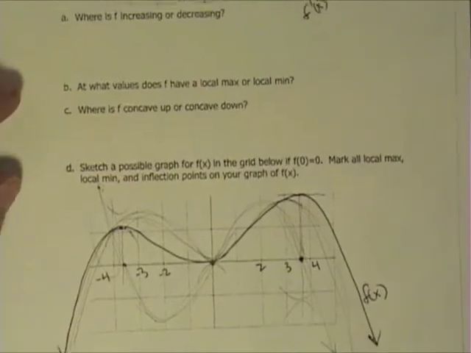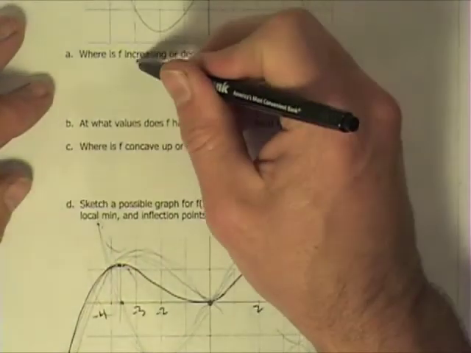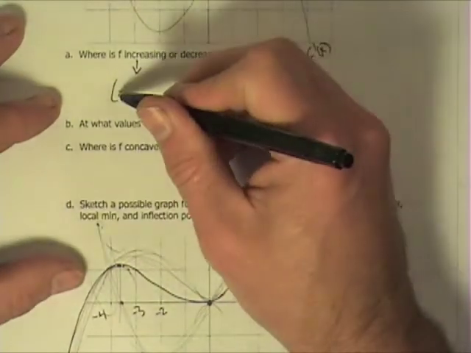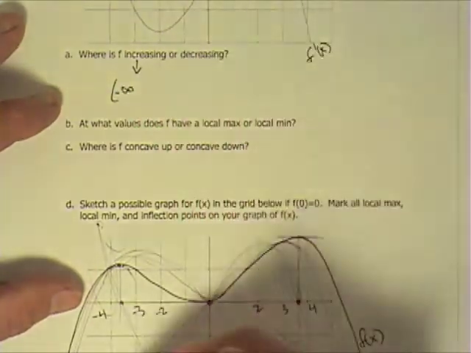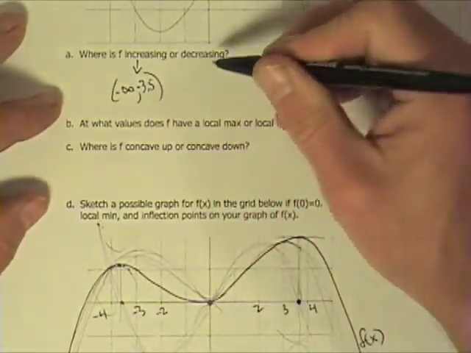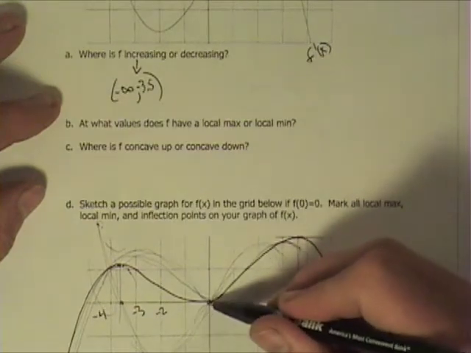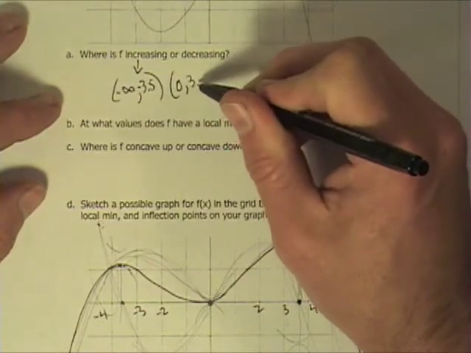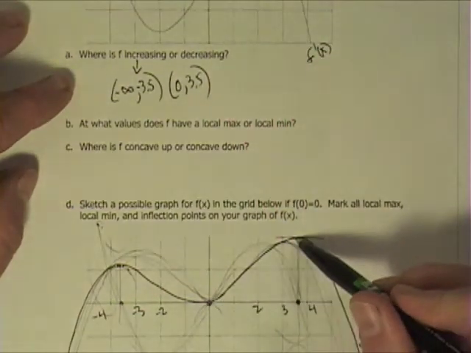Okay, so then where is f increasing or decreasing? Well, it's going to be increasing, and I'm just going to do it here in interval notation, from negative infinity. It increases till it gets to -3.5, and then it decreases until 0, and then from 0 to +3.5 the function is increasing right there.